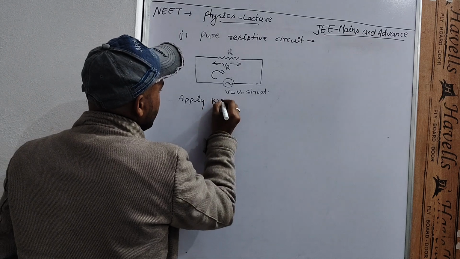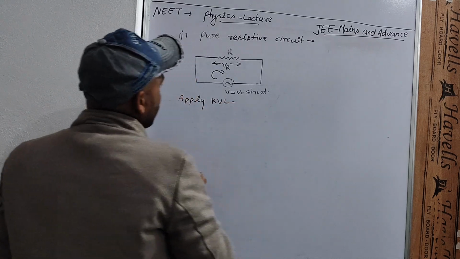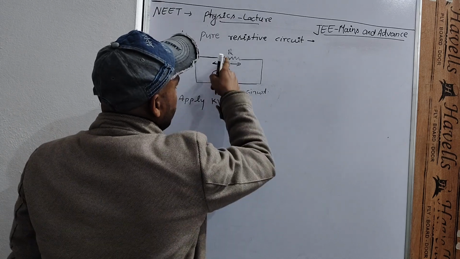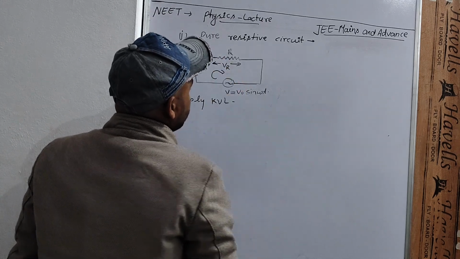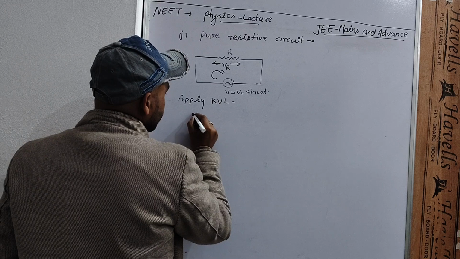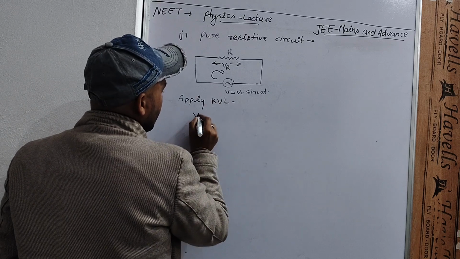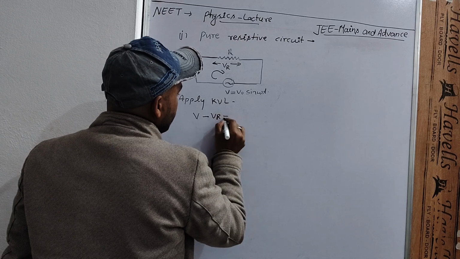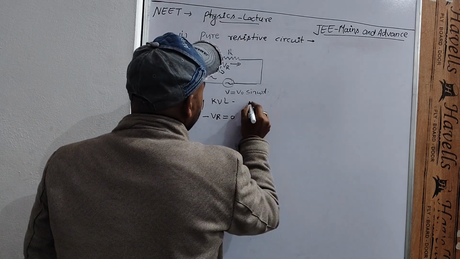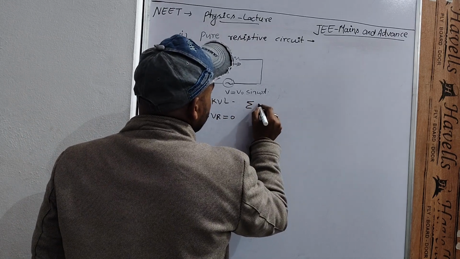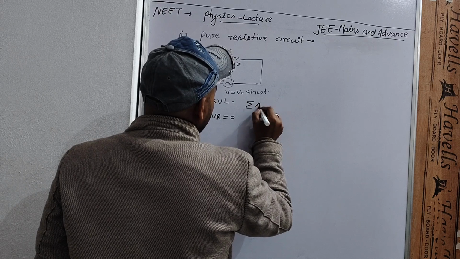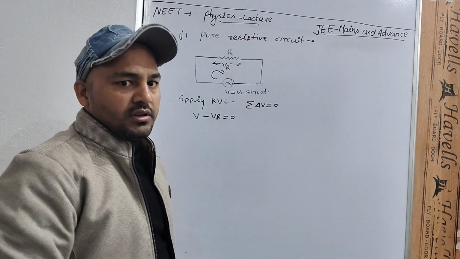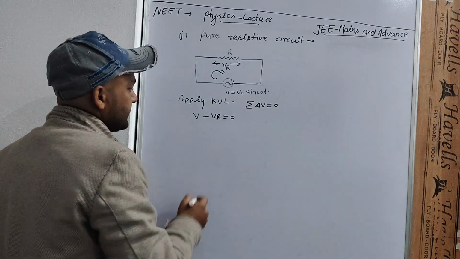The input voltage is V and voltage drop across the resistance is VR. Now the KVL is applied like that, V minus VR is equal to 0, because KVL is summation delta V is 0. Delta V stands for potential difference.